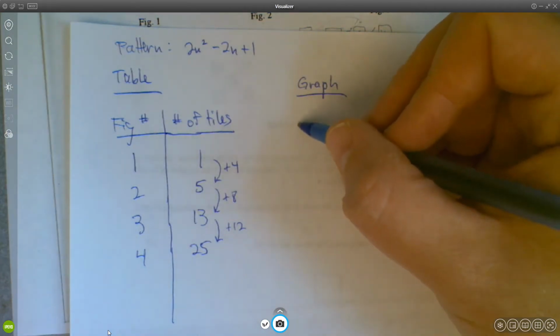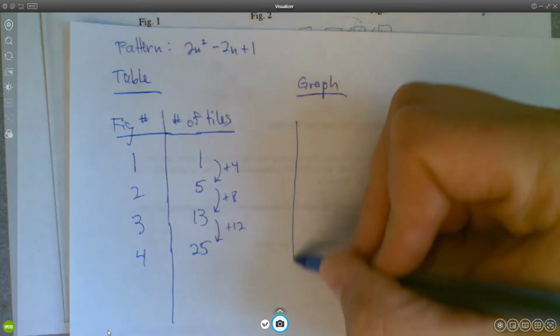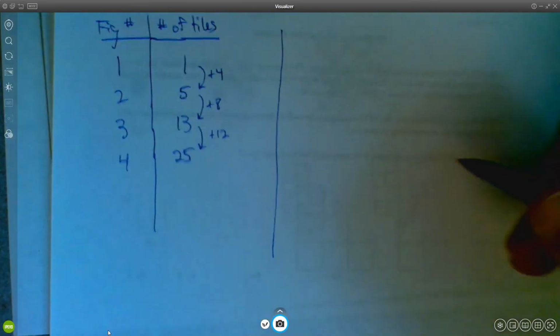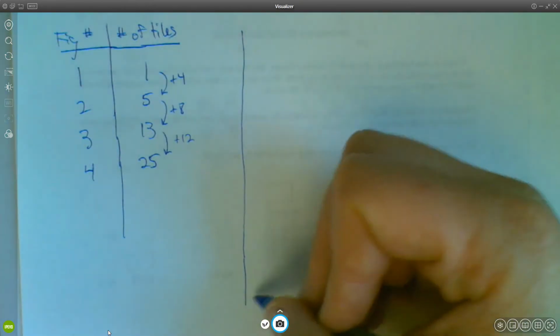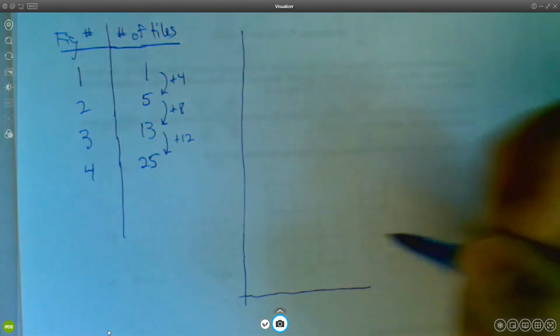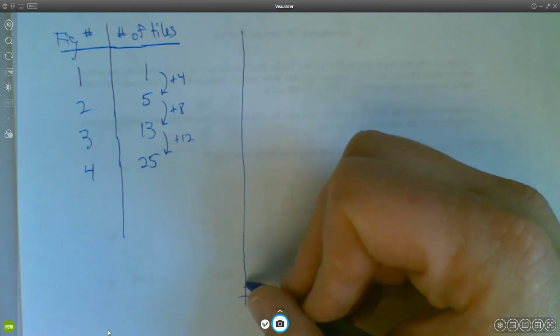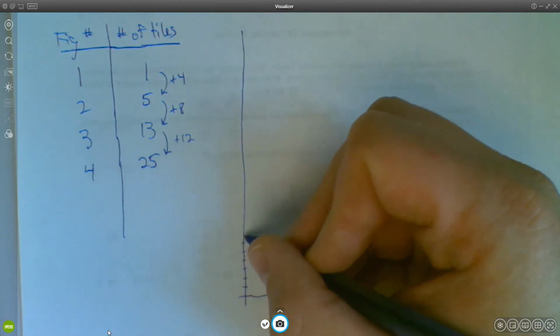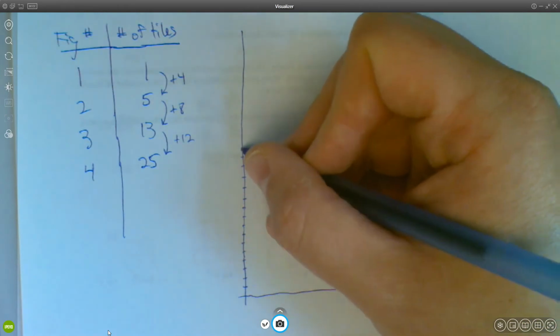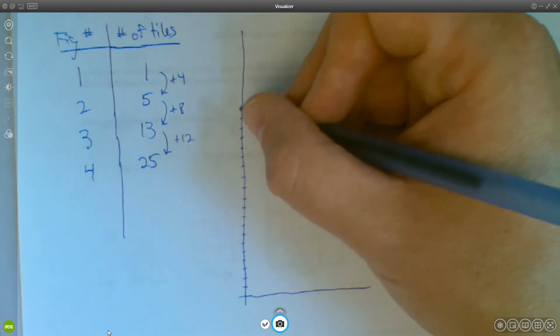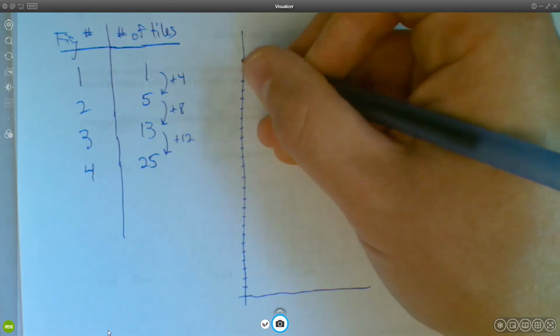Unfortunately, this grows so fast. I'm going to make kind of a big graph, to try to capture the real growth here. So I'm going to do 1, 2, 3, ... up to 25 on the vertical axis.